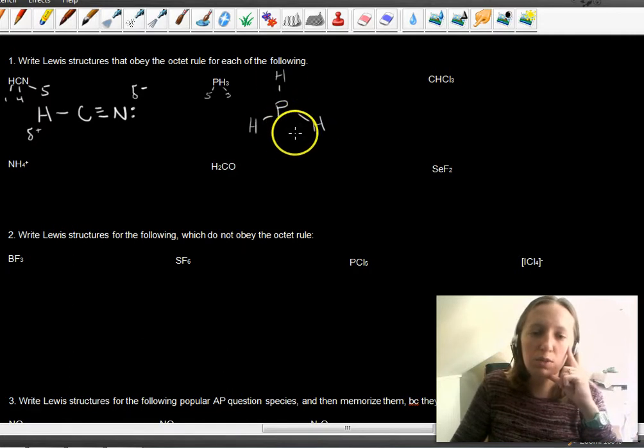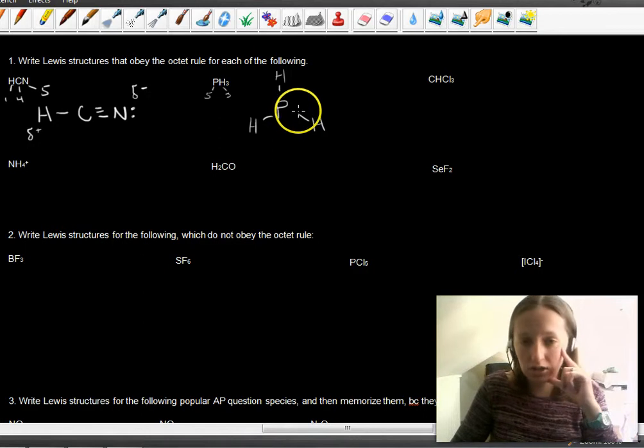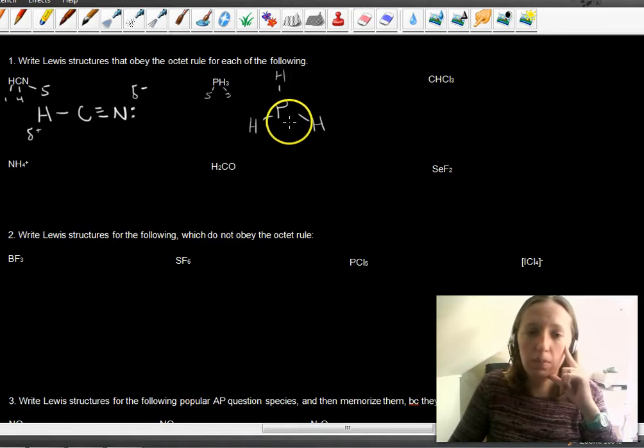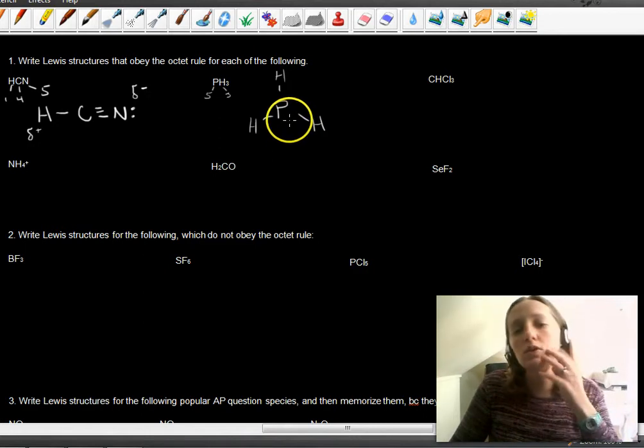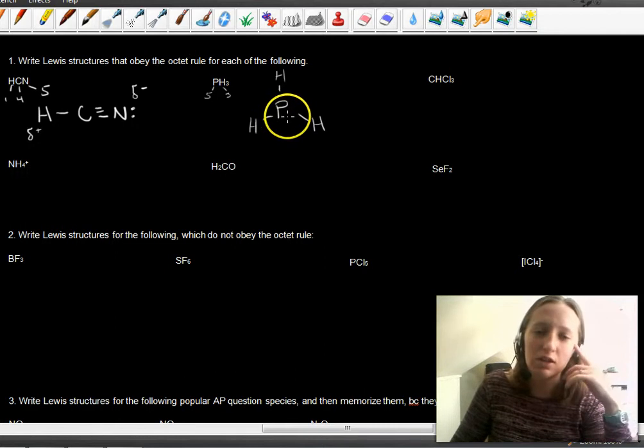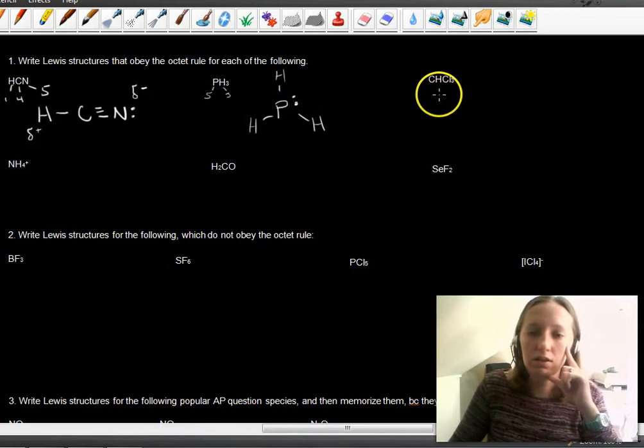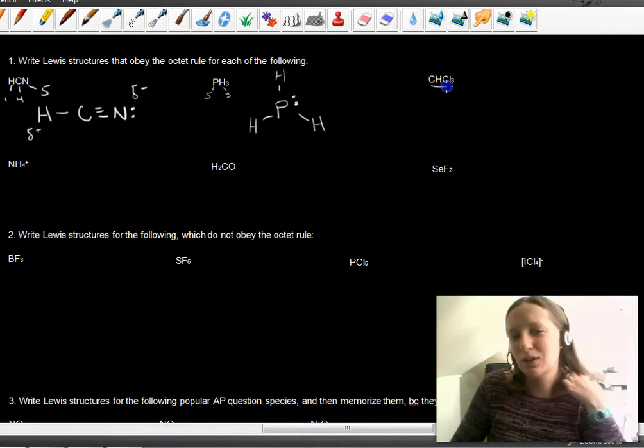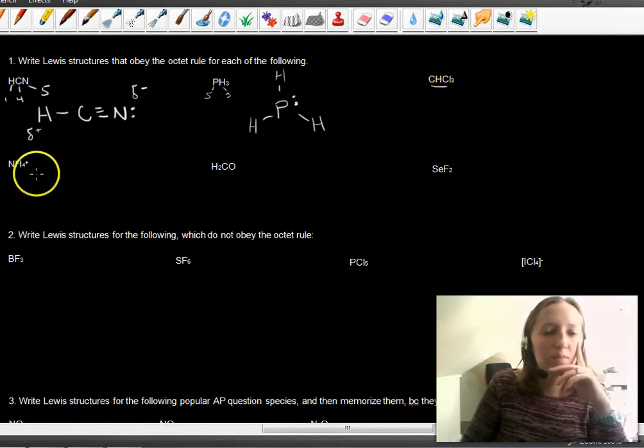And all the hydrogens are happy, but phosphorus isn't, because phosphorus is only showing 6 electrons and he really wants an octet. And so you go, well, can we do double bonds? No, you can't do double bonds to hydrogen, but you can do a lone pair. So phosphorus has got a lone pair and 3 bonds. All right, this one, oh, we did this one up there. I don't need to do that one again.